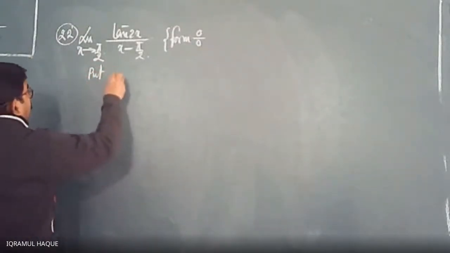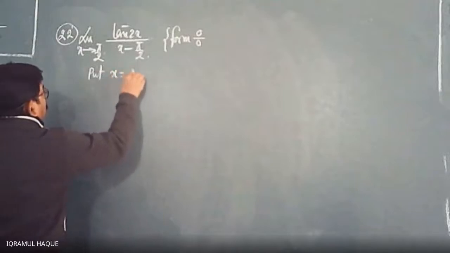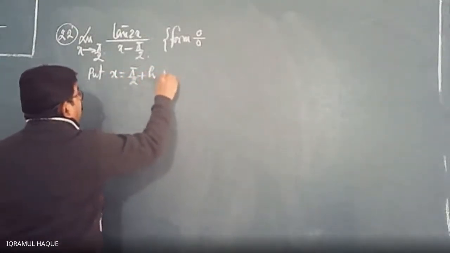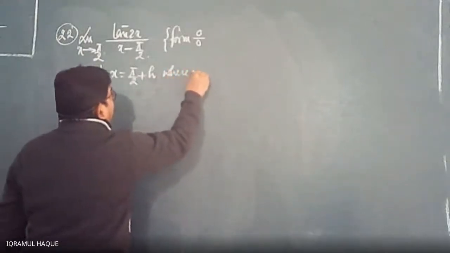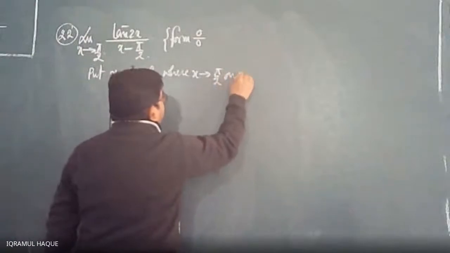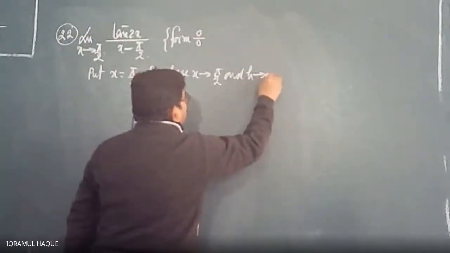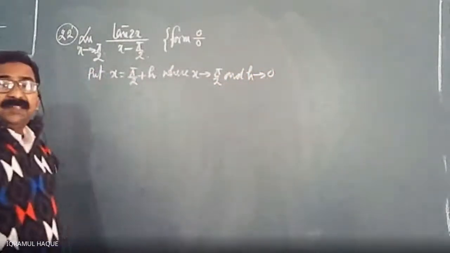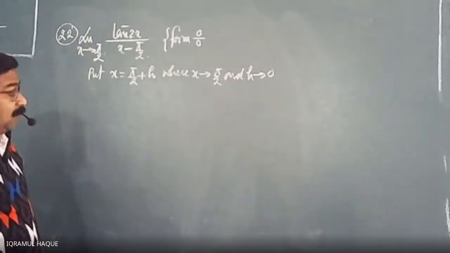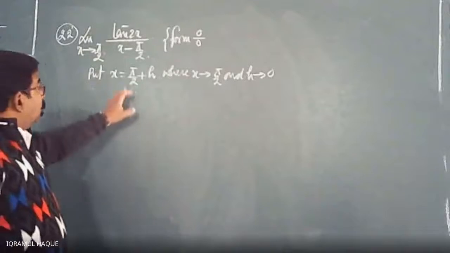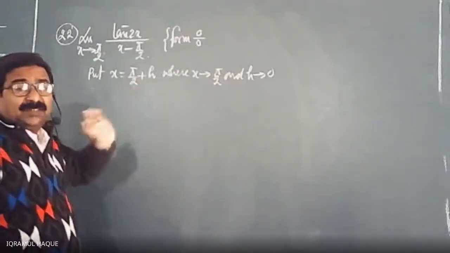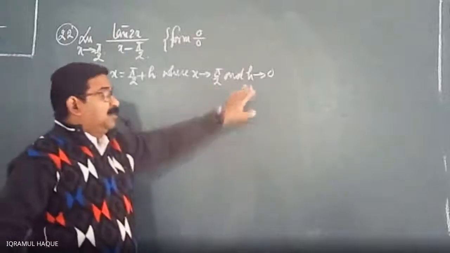Put x is equal to pi by 2 plus h, where x tends to pi by 2 and h tends to 0. This is the idea to change the limit. I told in the one question also. So we change x to pi by 2 plus h or minus h, where h is tending to 0.